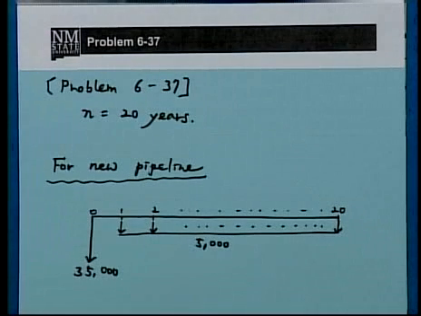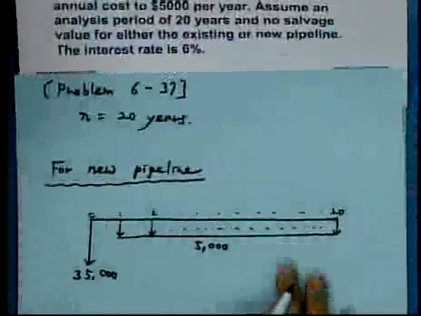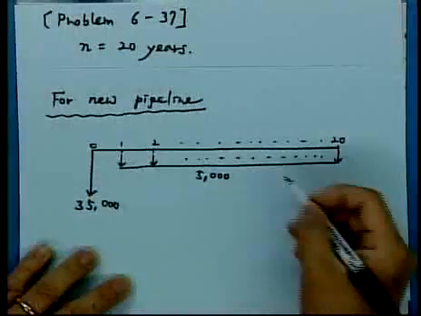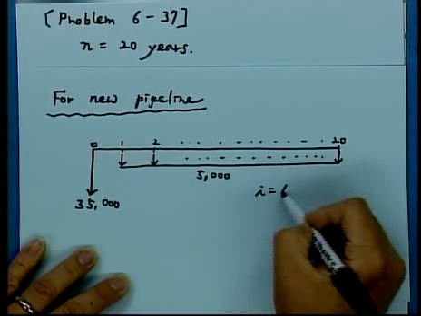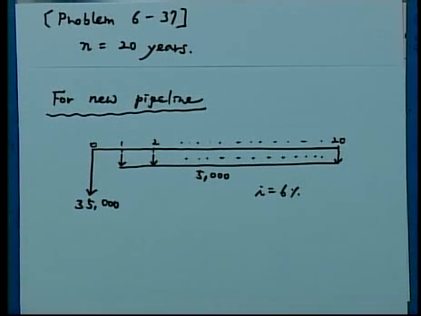Annual cost of $5,000. And what is the interest rate? Okay, the interest rate is 6%. Okay.